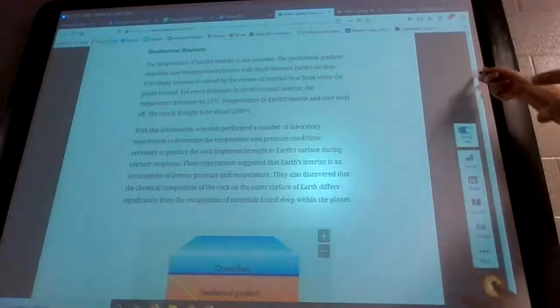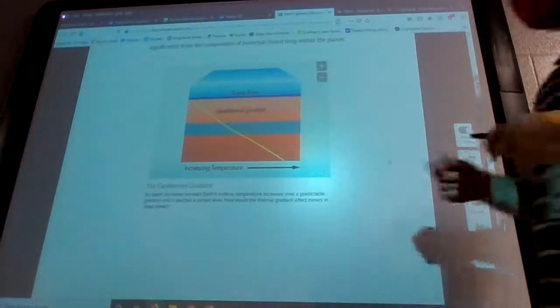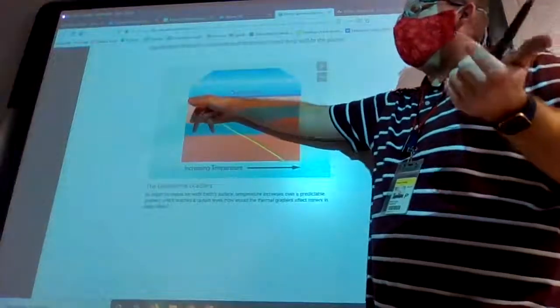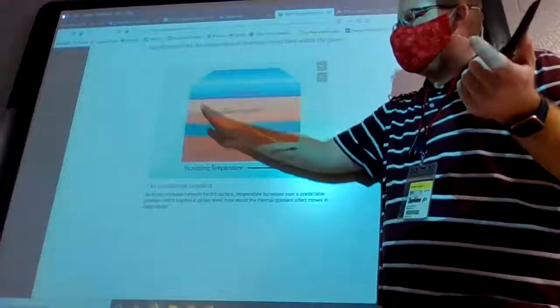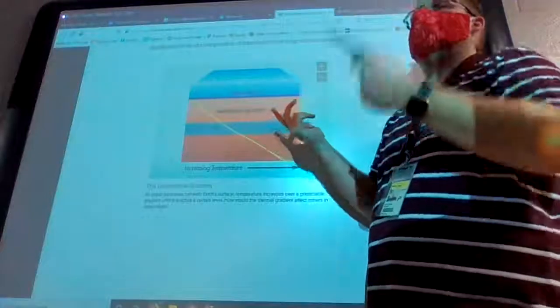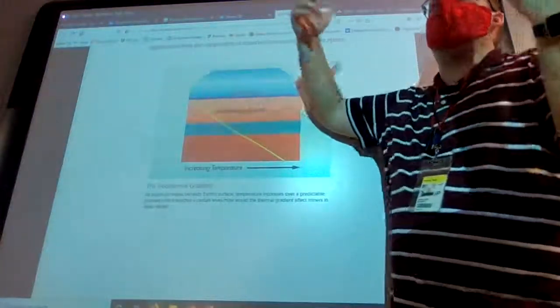We don't use Celsius, but I'm getting closer to understanding that conversion. So they're just showing you your temperature here. At the surface or just below the ocean, you're going to have a very cold temperature. As you get deeper and deeper, your temperature goes up, which is why we can't drill that deep. At a certain point, all our instrumentation and drill bits just melt away.